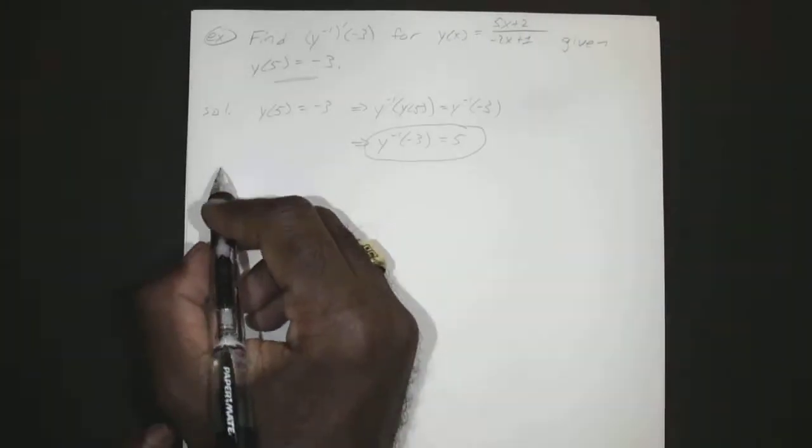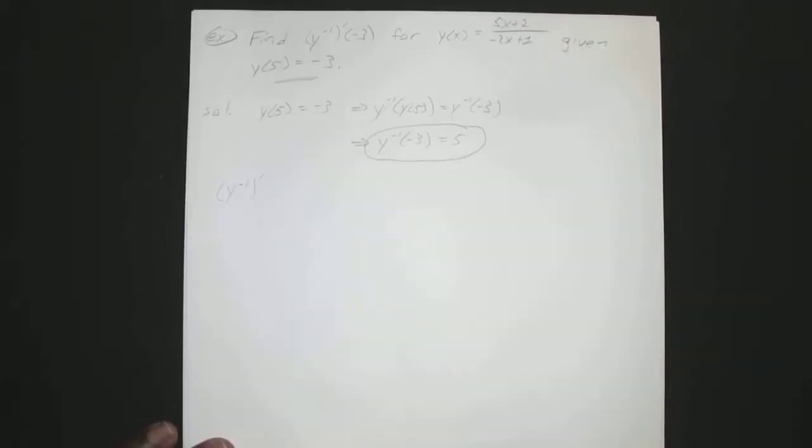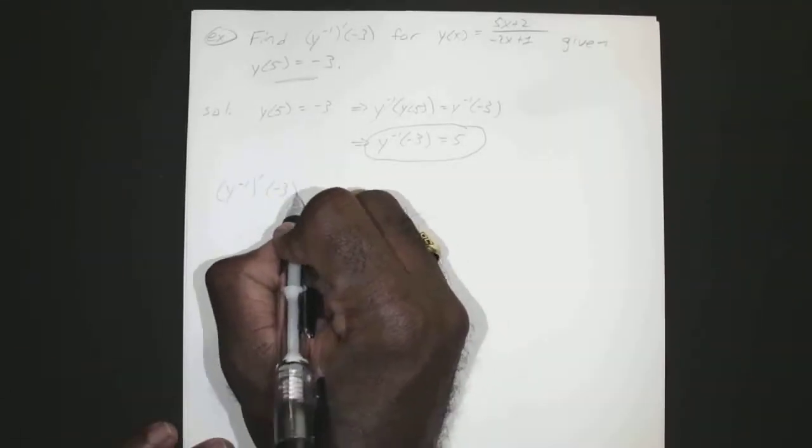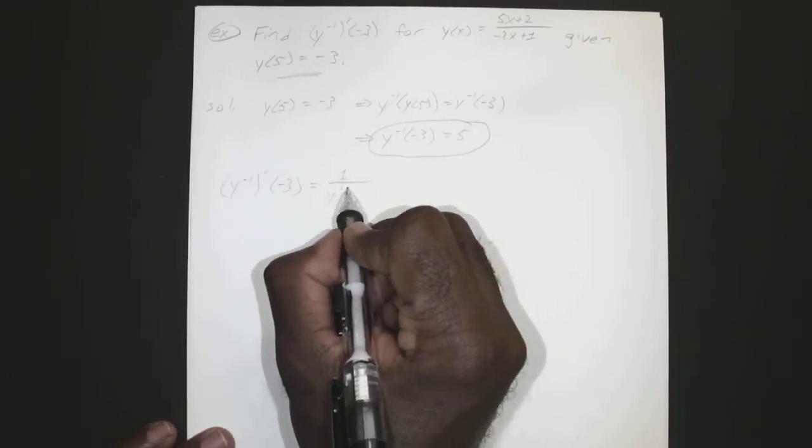So that means using our formula, y inverse prime of negative 3 is going to equal 1 over the derivative of the inverse.